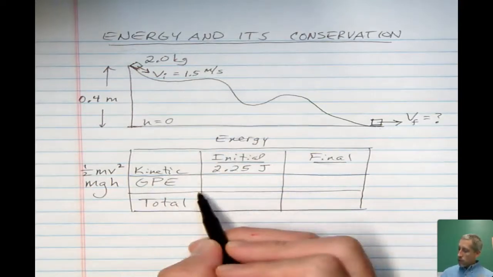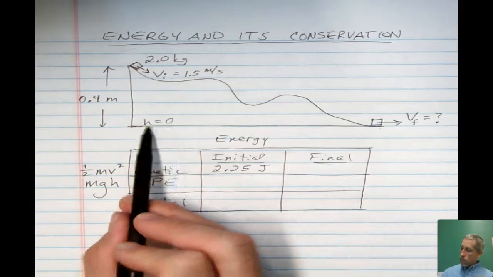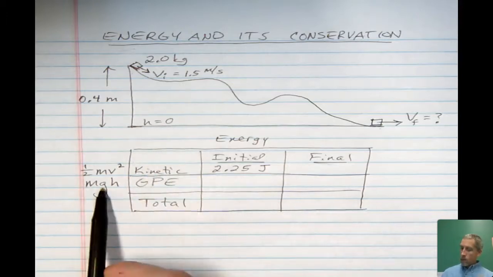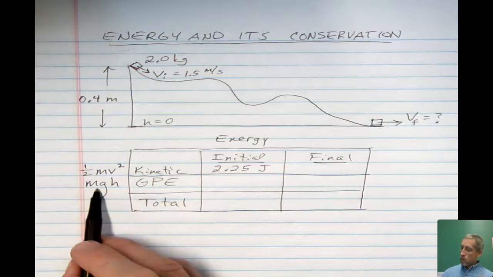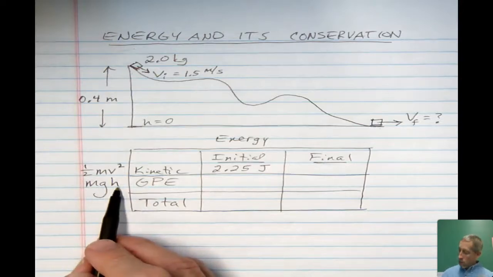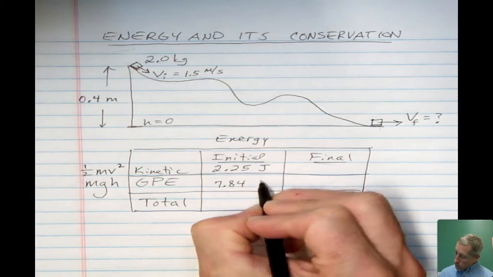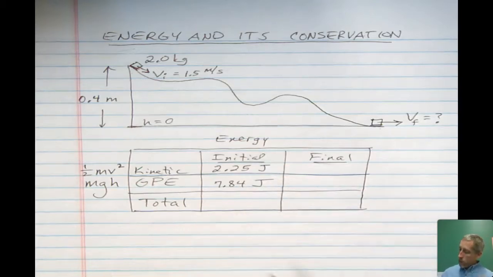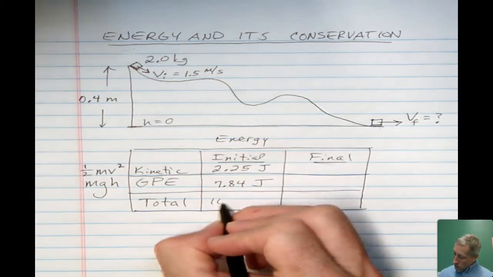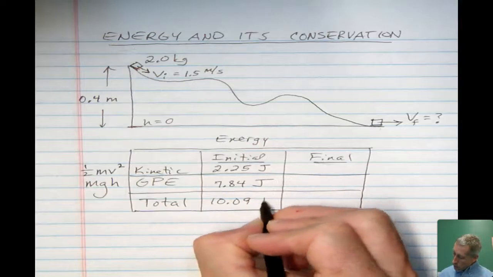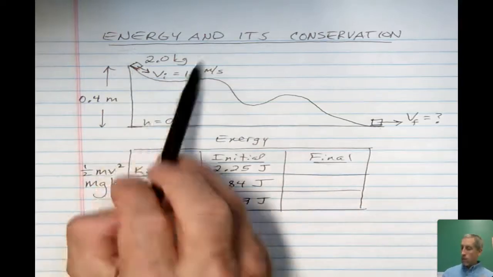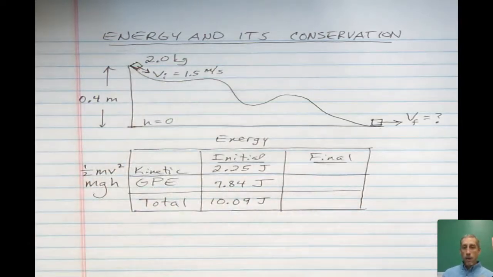And then the gravitational potential energy, measured from the lowest level, is the mass times g, which here is 9.8 newtons per kilogram, times the height of 0.4, which gives us 7.84 joules. If we sum up these energies, we get 10.09 joules. So we would say that's the total energy that the object has up at the top.